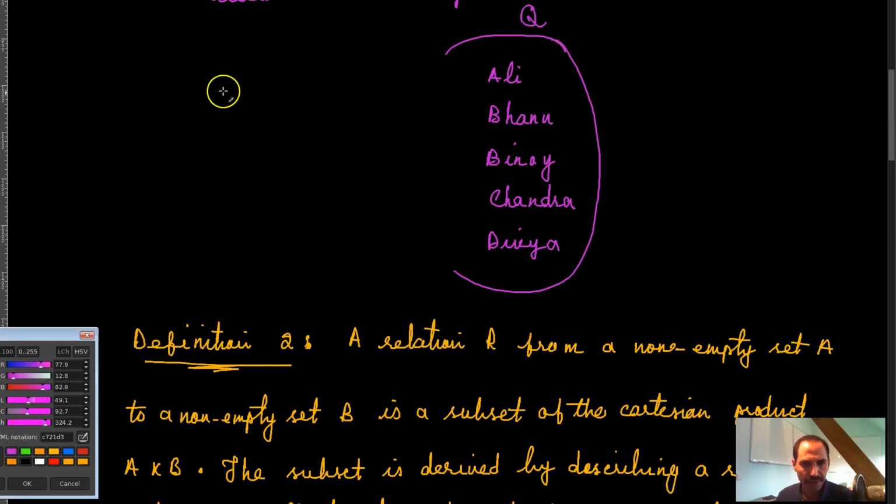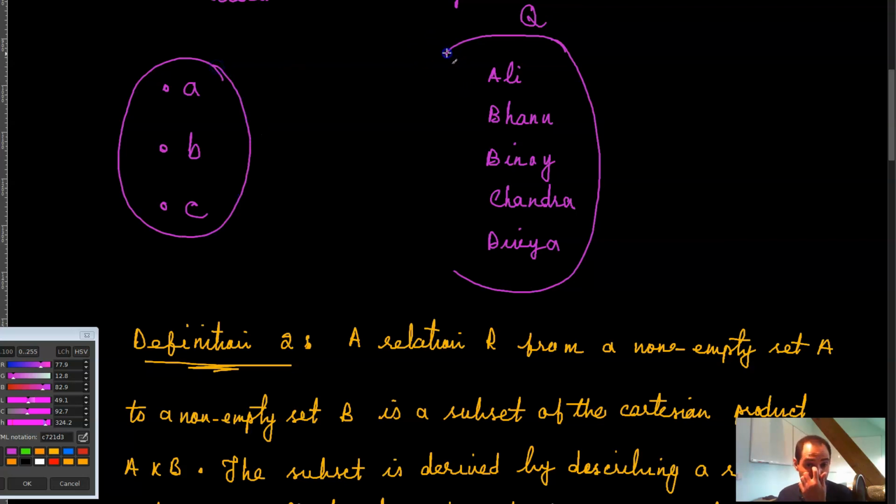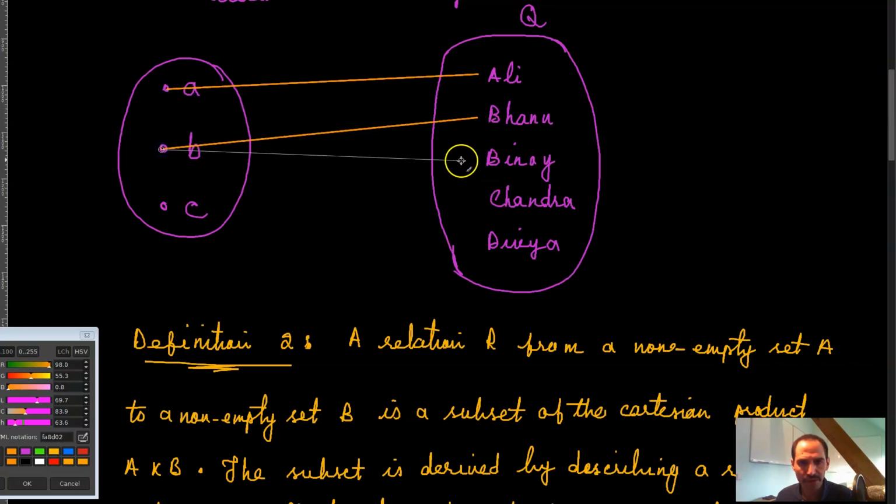I can say that this is A, and this is B, and this is C, right? Based on the rule that we defined earlier, A goes to this one, and A goes to nothing more, B goes to this one and also to this one, and C goes to this one, right?